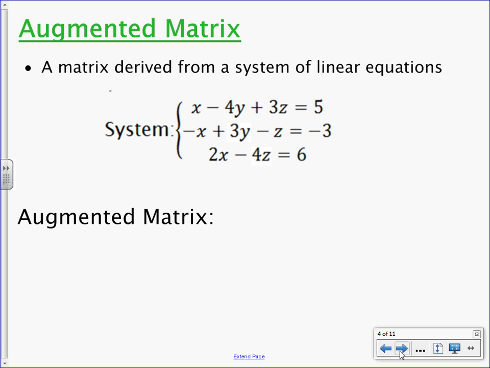What's going to happen is we're going to take the coefficients from all of our variables and make them into a matrix, as well as what's on the other side of the equal sign. So we're going to make a column of all of our x coefficients. What's our first x coefficient?